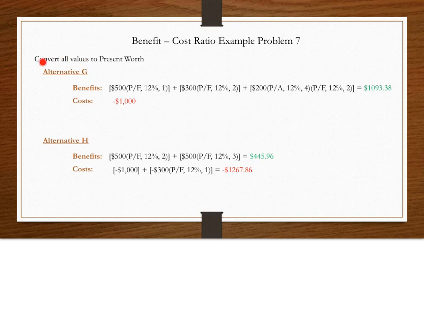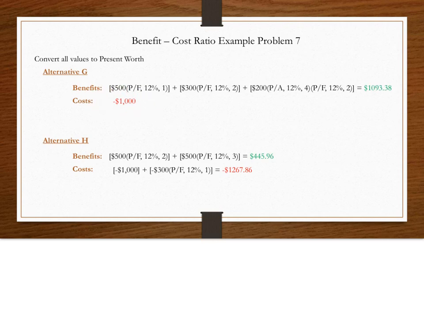So, for alternative G, we treat the $500 and $300 benefits as future worths at years 1 and 2, respectively. We then convert the revenue series of $200 to present worth, but need to take the extra step to bring it to year 0. The costs of this alternative are simply the $1,000 initial cost.